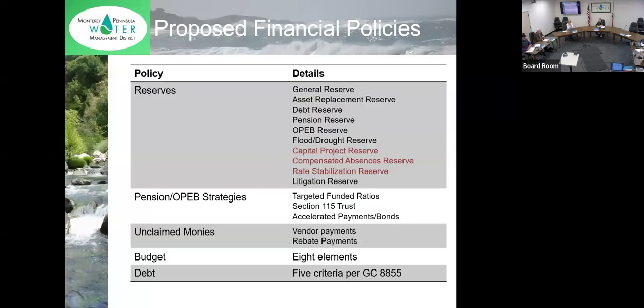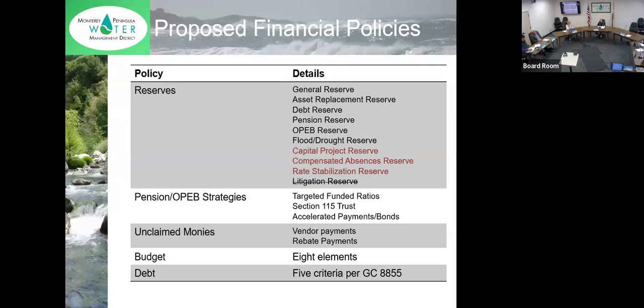I'm just going to provide a summary that there are 5 policies being proposed. The first 2 policies, reserves and pension OPEB strategies, are to meet the strategic goal of the district for this fiscal year. The next 2 policies, unclaimed monies and budget, are mostly for operational considerations. And then the debt policy is to prepare ourselves to meet our aspirations to potentially acquire the water system.